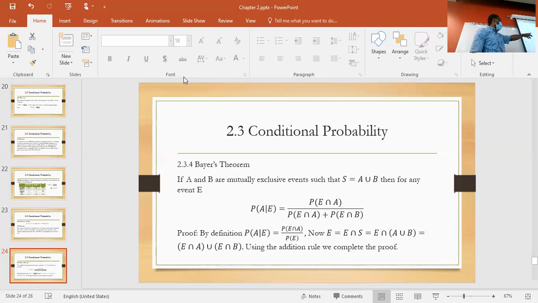If A and B are mutually exclusive events such that their union is S, then in other words, I could say that A, B, an event. Let me just skip that one, and we will generalize it.